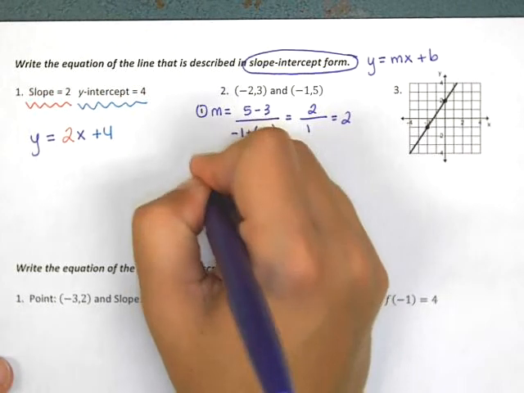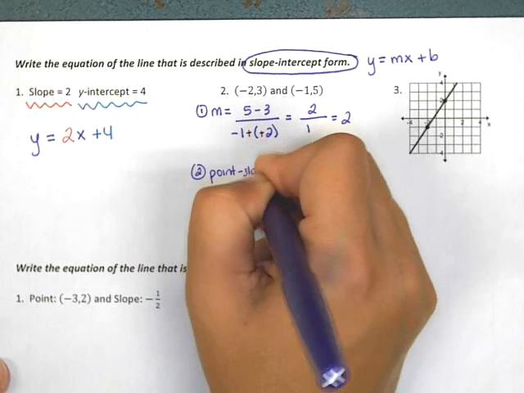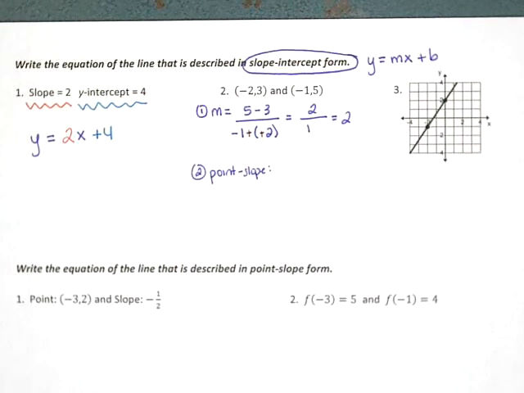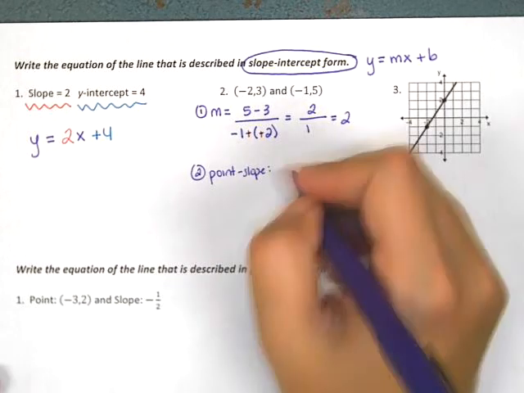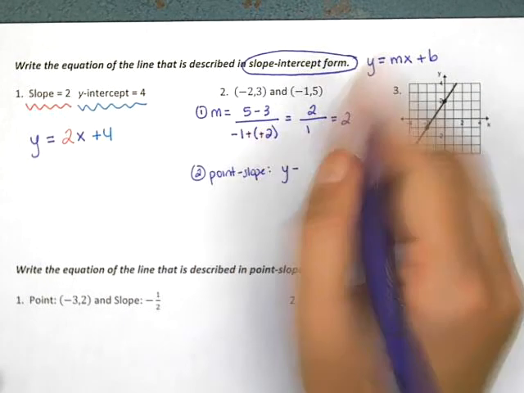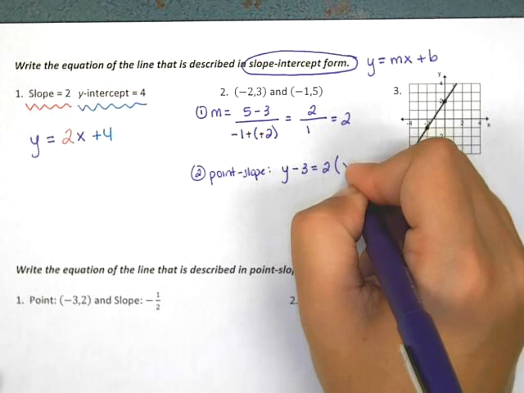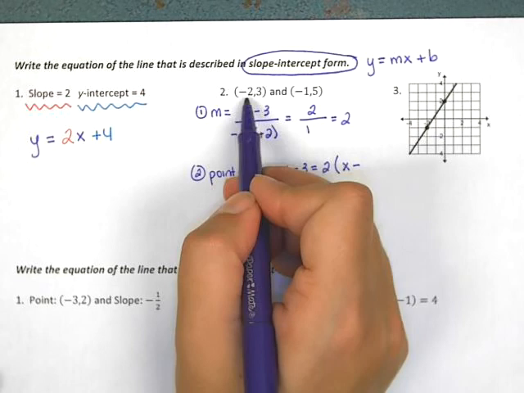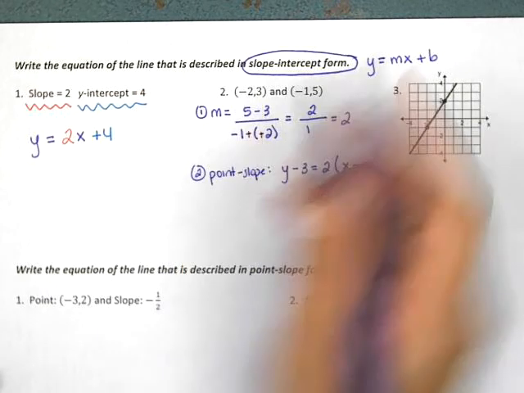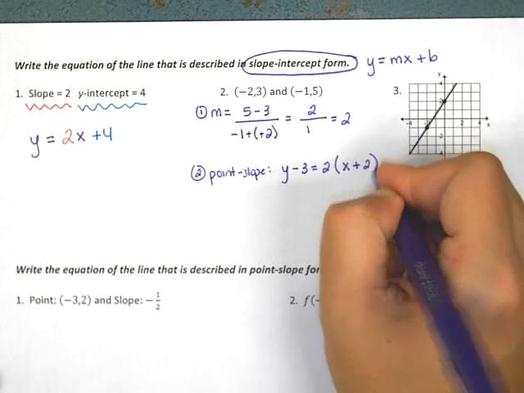My second step would be to write point slope form. I can't just jump straight to slope intercept. I have to start with point slope. So I would have y minus the first y, which is 3, equals the m, which I just calculated, x minus the first x, which is -2. So because I'm minusing a negative, it becomes a positive.